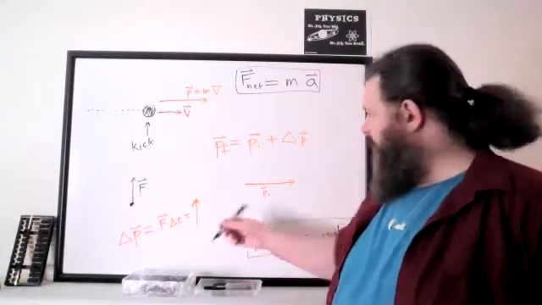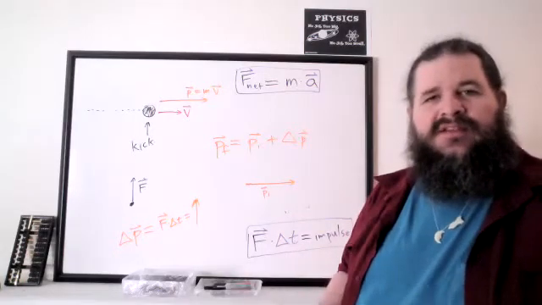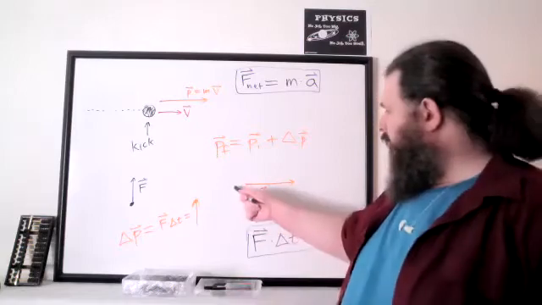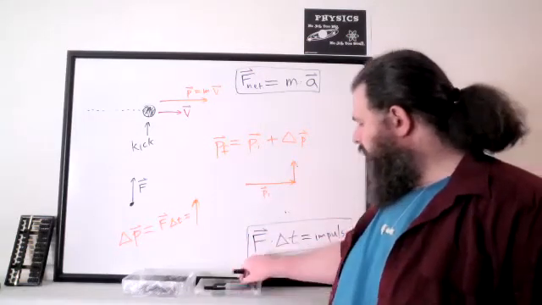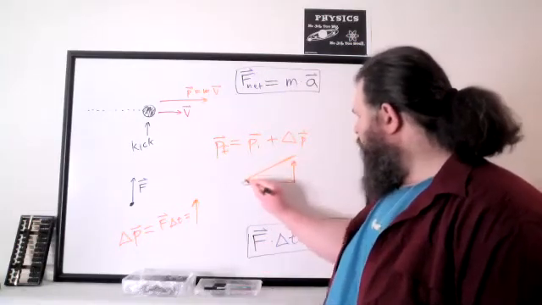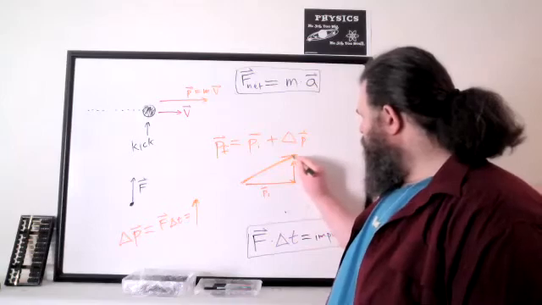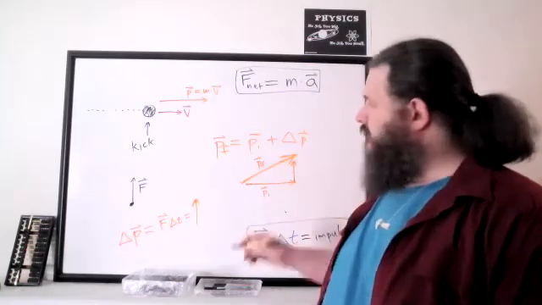We're adding a delta momentum in the northwards direction. And we can do this as the head to tail geometric method. We've got a vector to the east, we're adding a vector to the north. So the actual result is going to be in this direction from head to tail. So that's the final momentum.